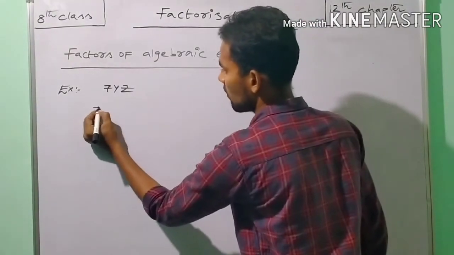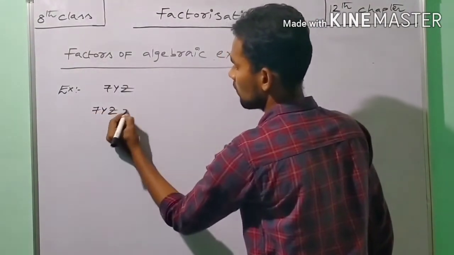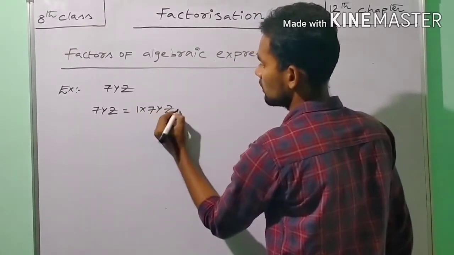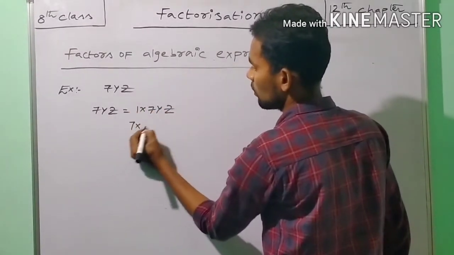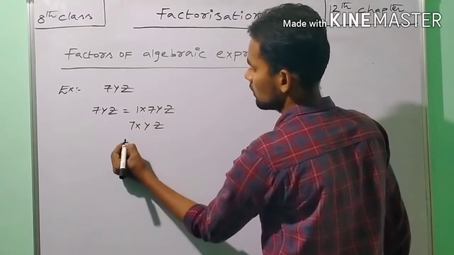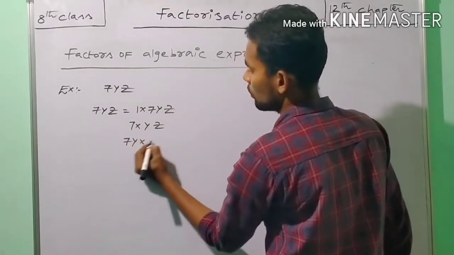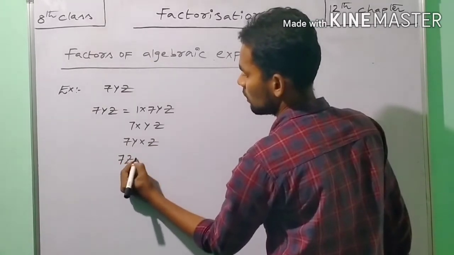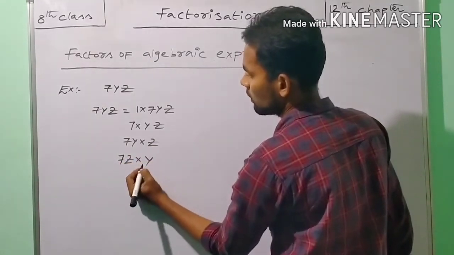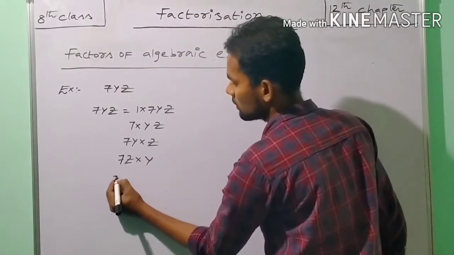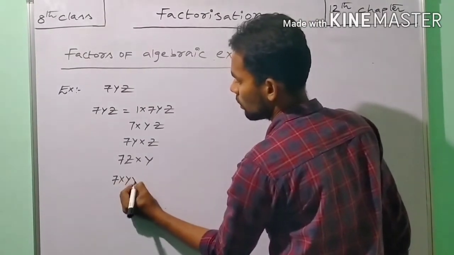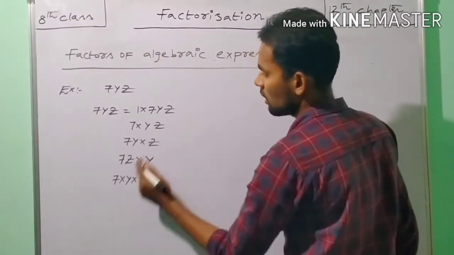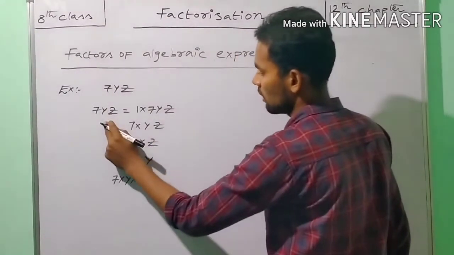Factors of 7yz: 1 times 7yz, 7 times yz, 7y times z, 7z times y, and 7 times y times z. So, all these are factors of 7yz.